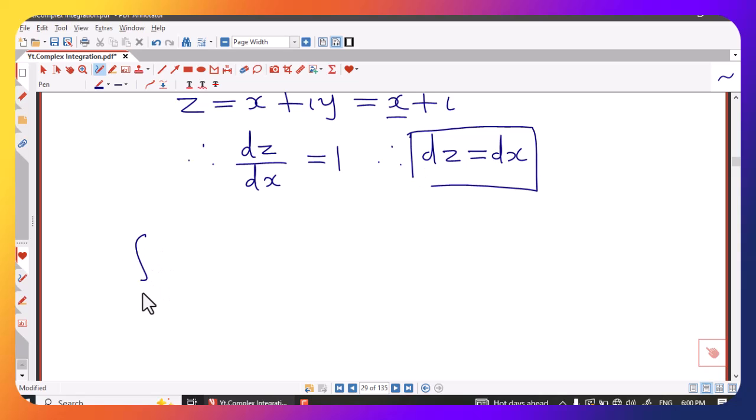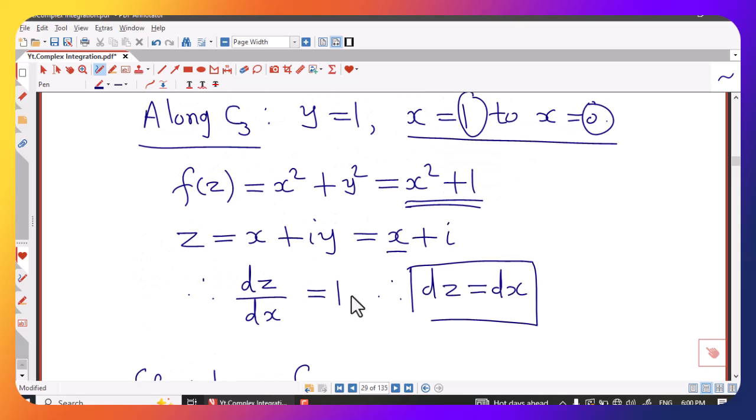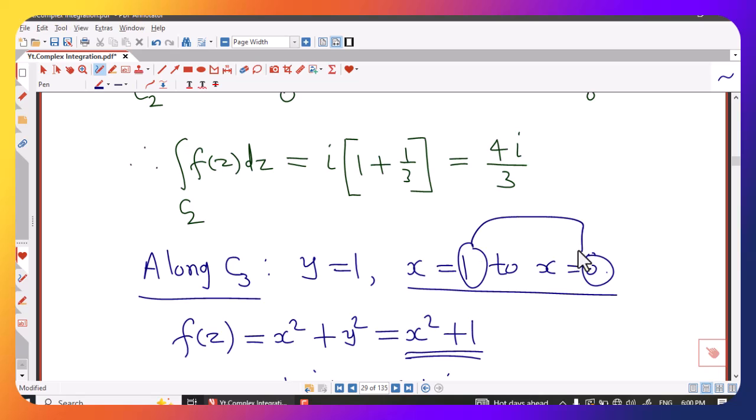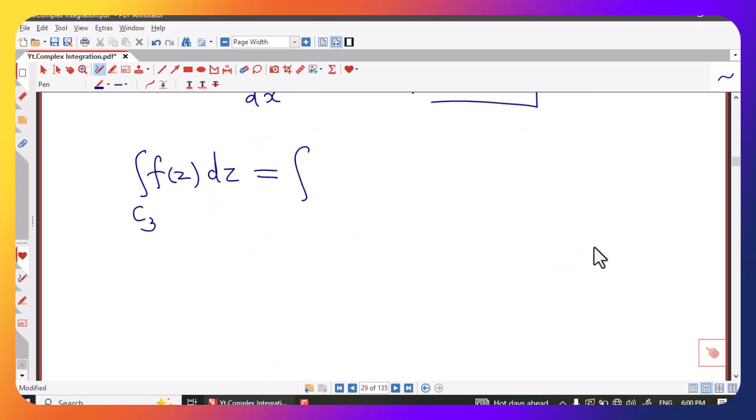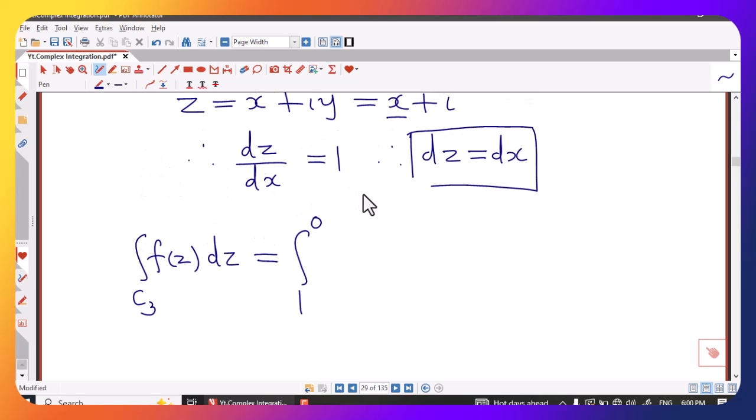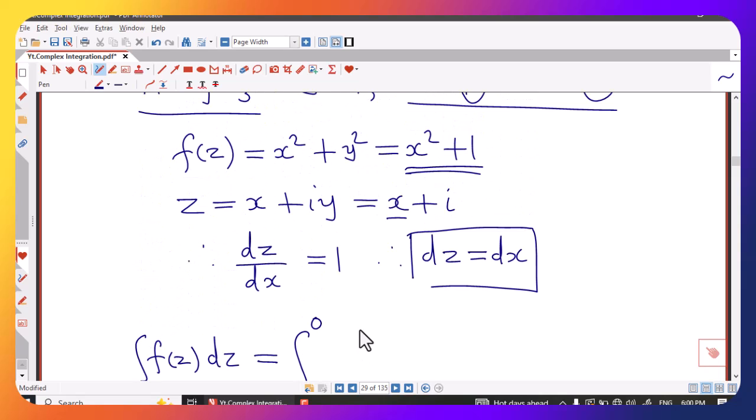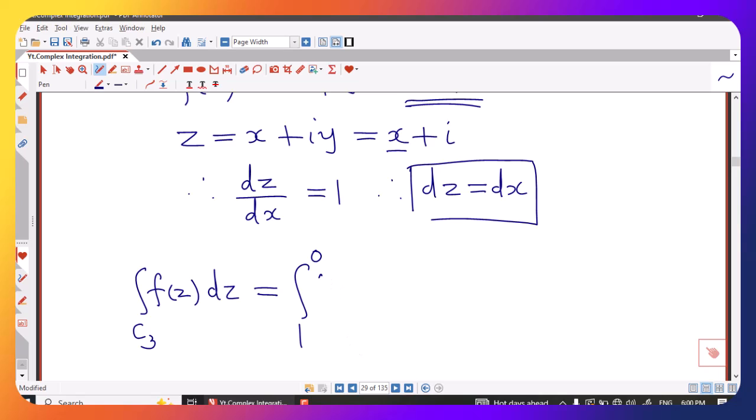So now we can calculate the integral along C3. Here be careful, x is going from 1 to 0, so here we will put the lower limit of x as 1, upper limit as 0. F of z becomes x square plus 1 and dz becomes dx.